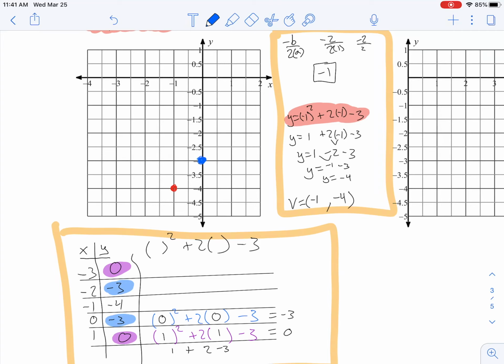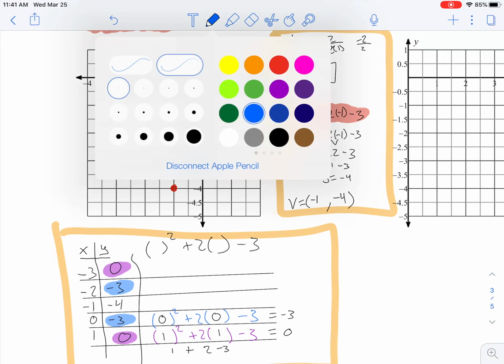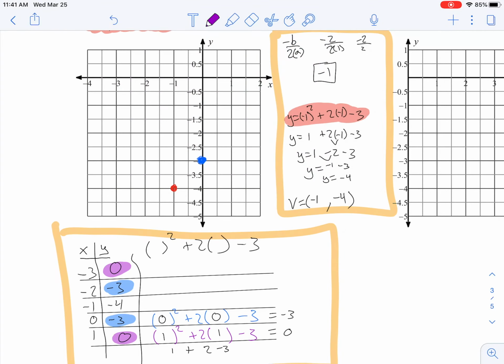So I was looking at this one. So that was 0, negative 3. So if I look here, I have 1, 0 in purple. 1, 0. So that's that point there in purple.